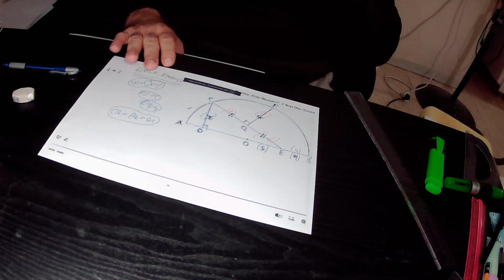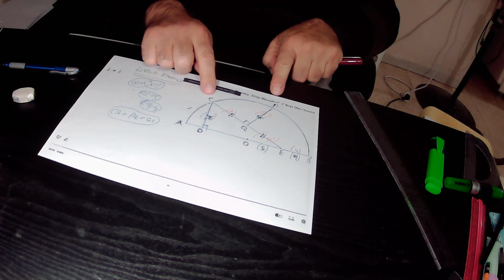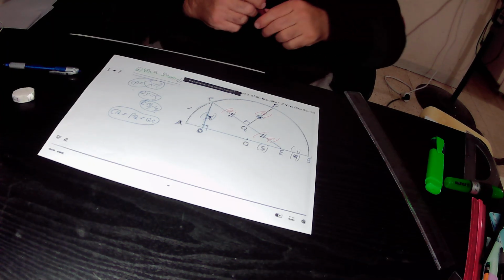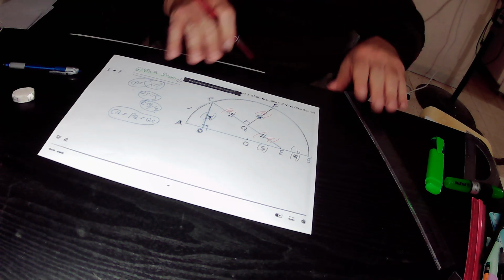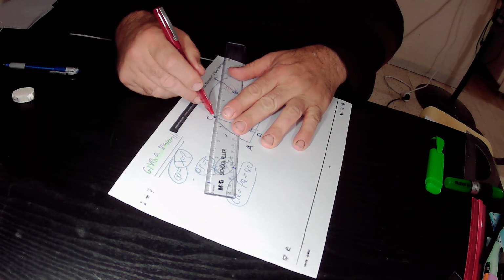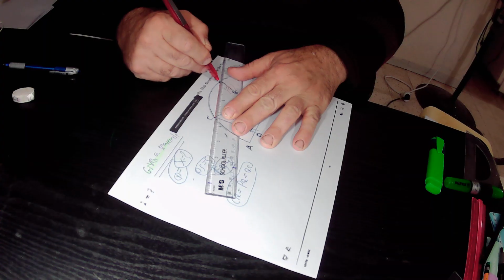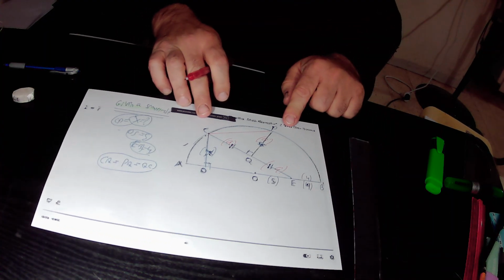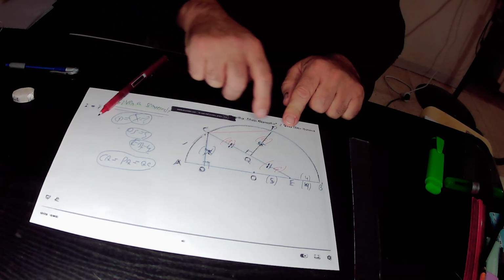So first of all, we will join points C and P together by a straight line. By joining points C and P, we created the right triangle CPQ.